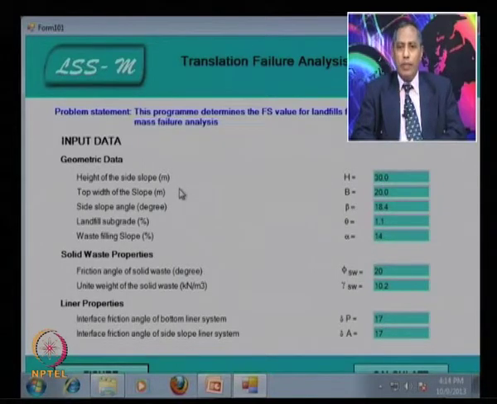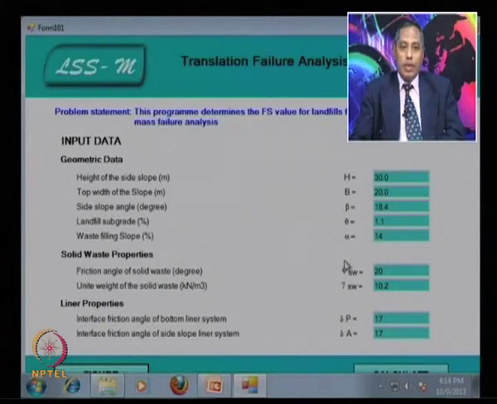Landfill subgrade percentage is 1.1, and waste fill slope alpha percentage is 14. Solid waste properties: friction angle of the solid waste, phi SW, is equal to 20 degree, and the unit weight of the solid waste, gamma SW, is 10.2 kilonewton per meter cubed.